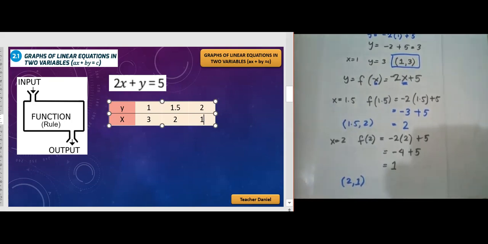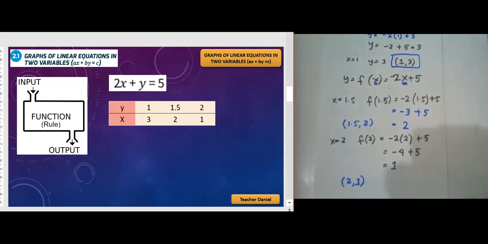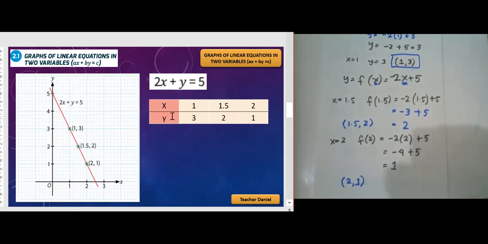What does it mean when it satisfies the function? Before we go to that, we can draw the graph of this one. To draw the graph, we locate the points one by one. If you forgot how to do it, let me teach you.